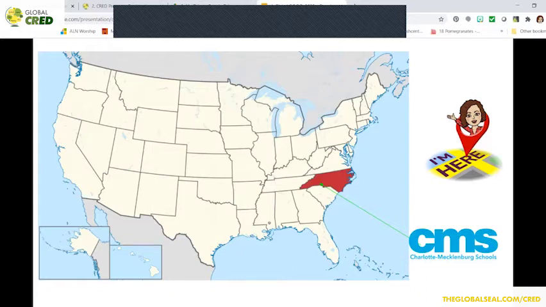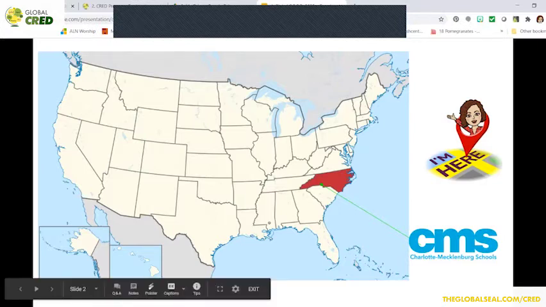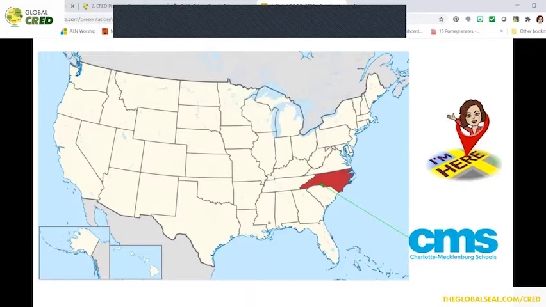I also represent a group called NADSFL, and I'll talk to you about that in just a few moments. And for those of you who don't know where Charlotte-Mecklenburg Schools is located, I have a little bit of a map here. I am in Charlotte, North Carolina, close to the South Carolina border. We are the 17th largest school district in the United States, and we are definitely a diverse group, representing nearly 200 home languages of the students in our schools.